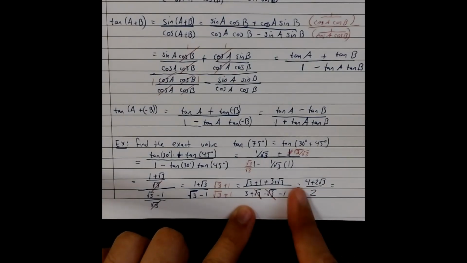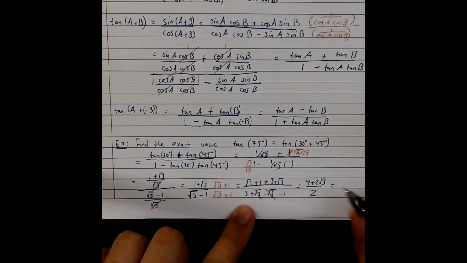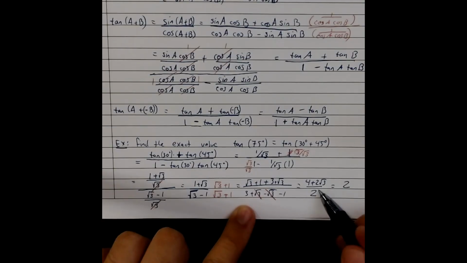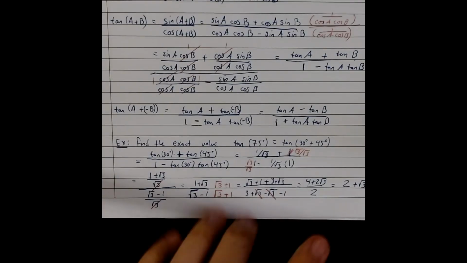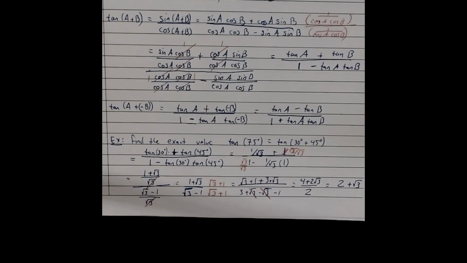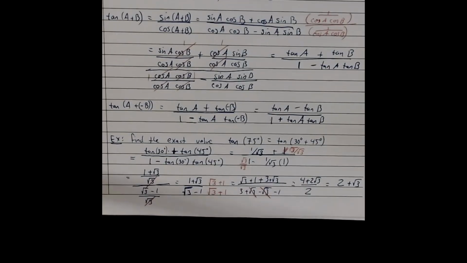And then I can reduce these. 4 over 2, well, that's the number 2. And 2 over 2, that's the number 1. Oh yeah, but don't forget your root 3. So that's going to be 1 root 3, or just root 3 if you prefer. And there we go. The exact value of the tangent of 45 degrees is 2 plus the square root of 3. So now let's have you give it a try.